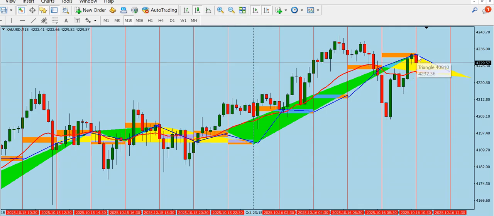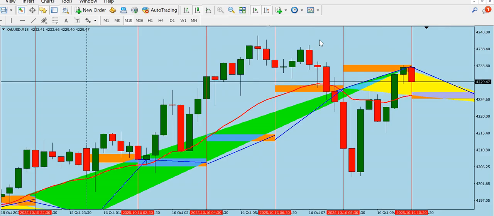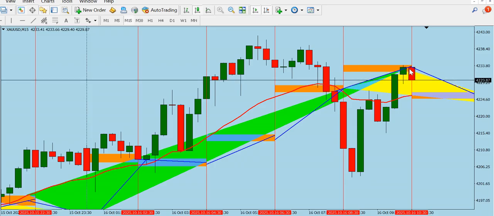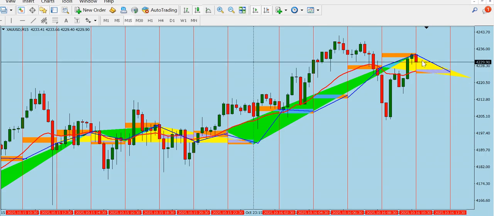Now we expect price to break above this resistance level. A break above this resistance level, and if price closes above, we might possibly have the formation of another resistance here that might indicate that the bullish trend may likely continue.